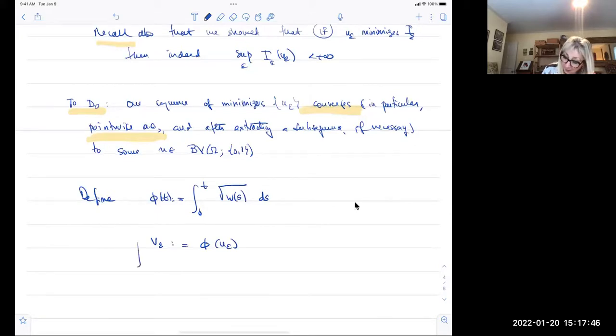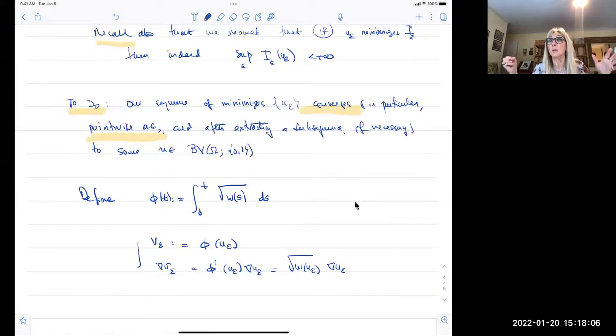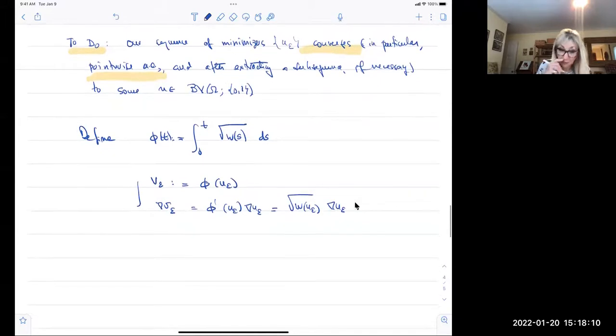If I take grad V epsilon, by the chain rule, you get phi prime at U epsilon times grad U epsilon. So that's the square root of W of U epsilon times grad U epsilon. It's an indefinite integral, that's calculus. Let's call this equation 3, since I already had a 1 and a 2 before.